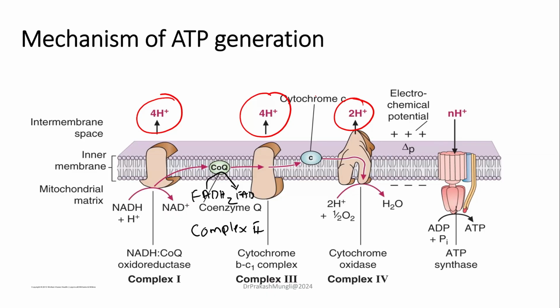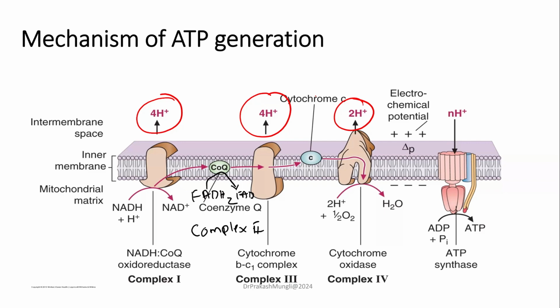This is how protons are pumped across the membrane from the matrix side into the intermembrane space. Down here is the matrix as shown in the figure, and here is the intermembrane space, and protons are pumped using the energy they get from the flow of electrons from negative potential to positive potential. They lose that energy.